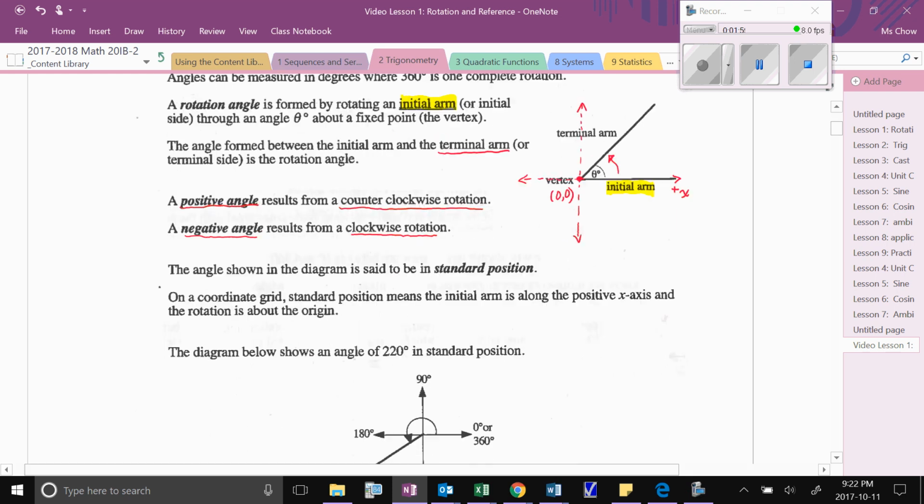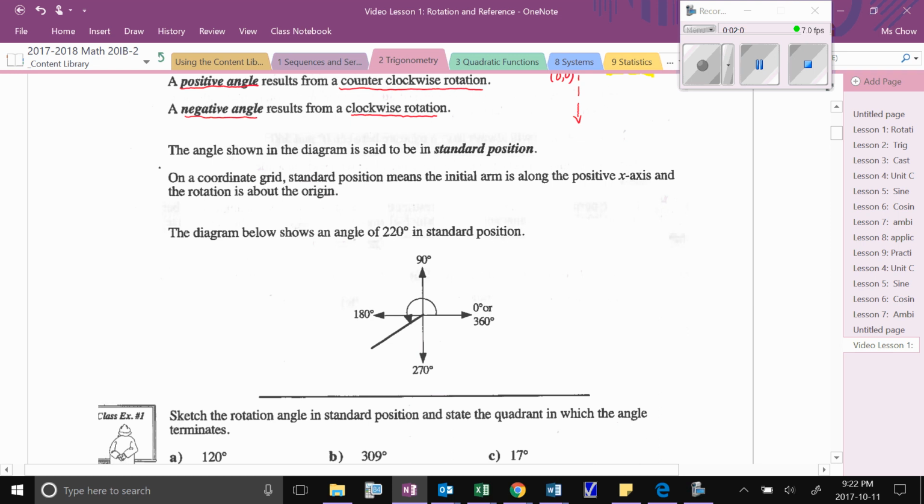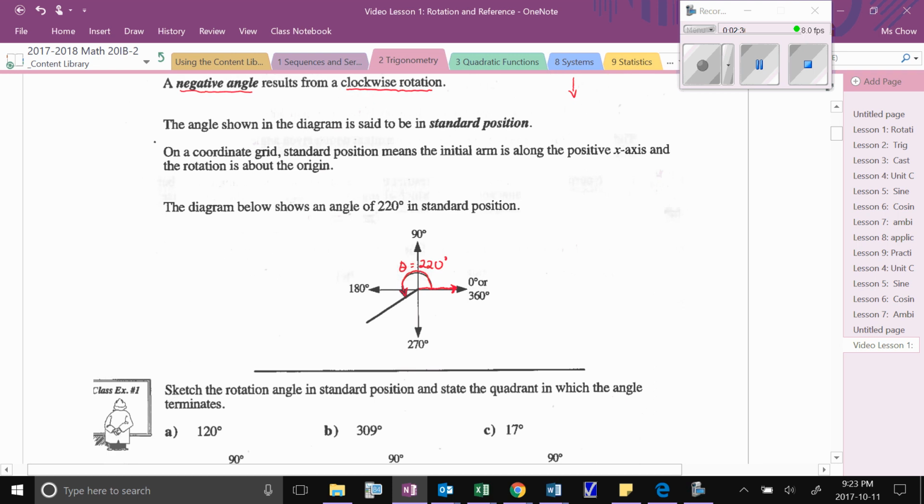So if we take a look below at this example, we've got an angle of 220 degrees in standard position. So if you imagine that we had our initial arm right here on the positive x-axis, and that terminal arm, almost like a broken clock going the wrong way, because it's in a positive direction, it is going counterclockwise 220 degrees. And so this is our angle theta of 220 degrees.